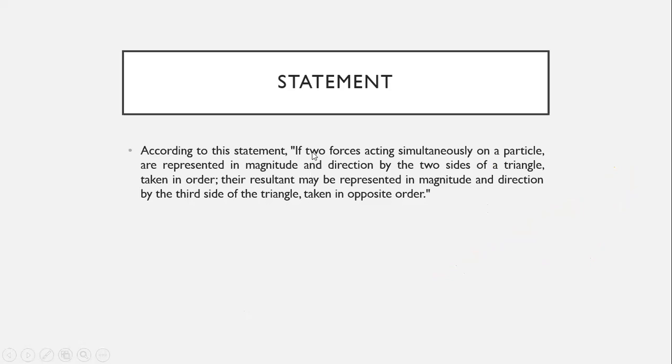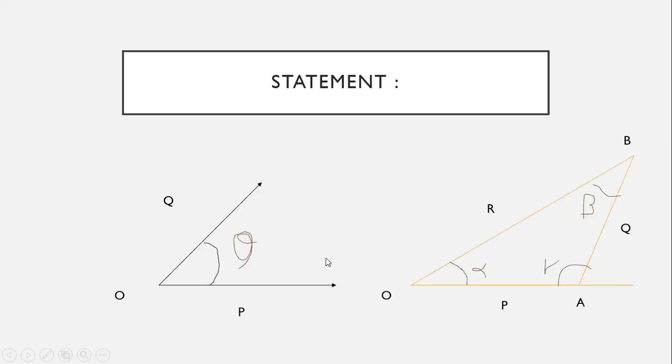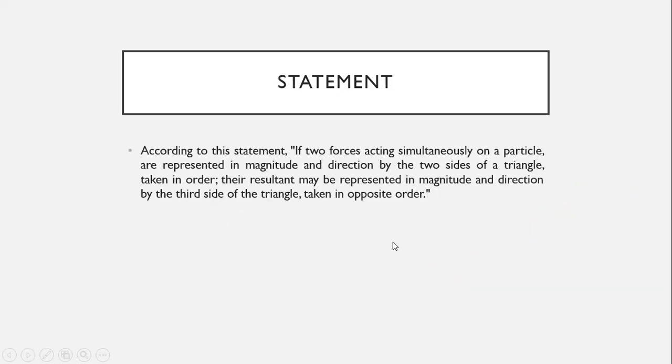Consider the two forces acting simultaneously on a particle, represented in magnitude and direction, which form two sides of the triangle, where R is the resultant, which forms the third side of the triangle, taken in opposite order with magnitude and direction. This is the proposed statement of the triangular law of forces.